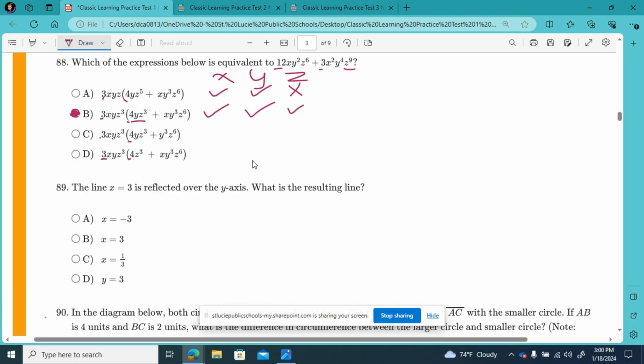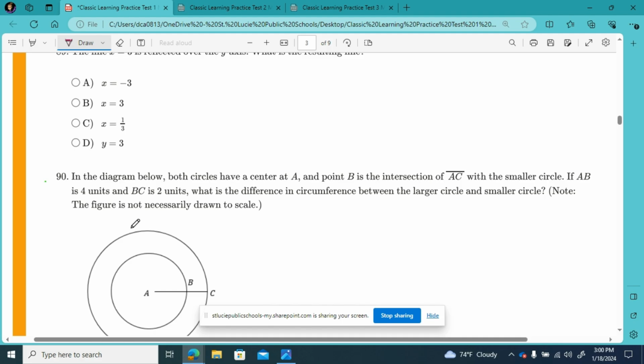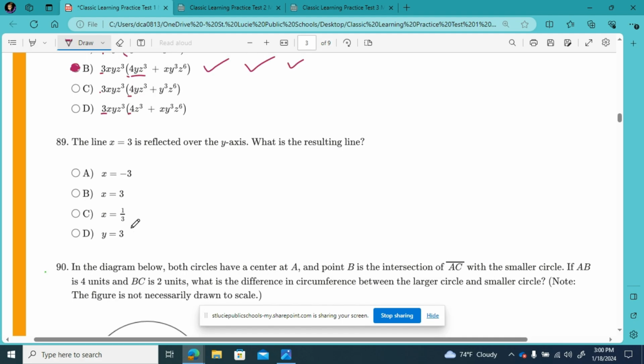So I'm going to move on to question number 89. The line x equals 3 is reflected over the y-axis. So first of all, I'm going to draw my x and y-axis. What is the resulting line?